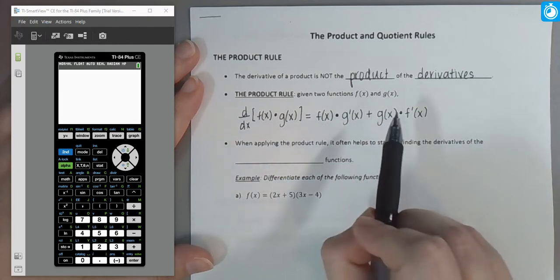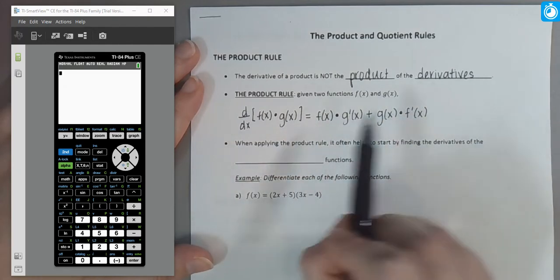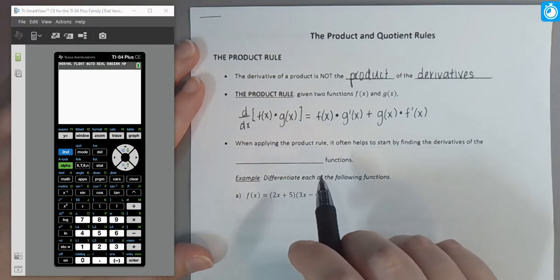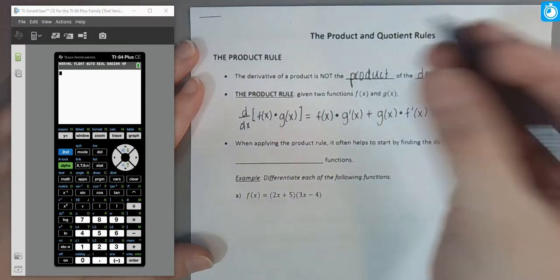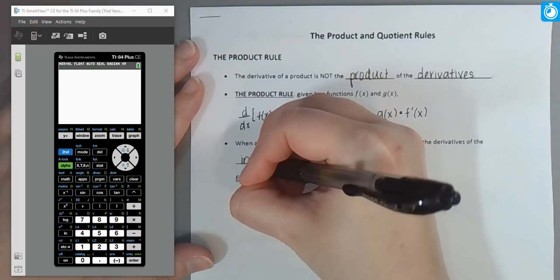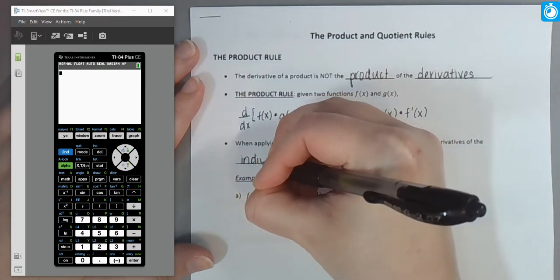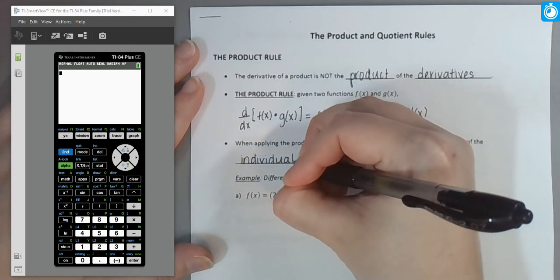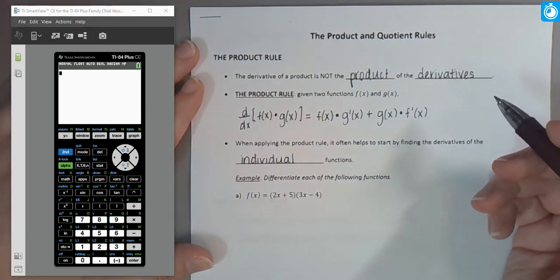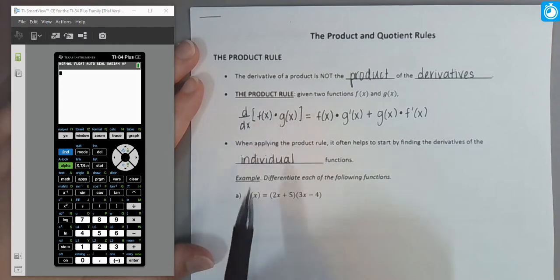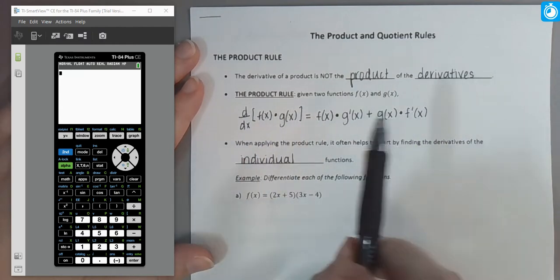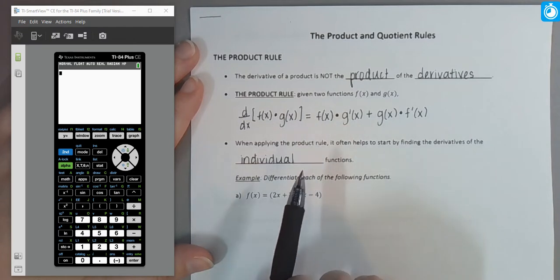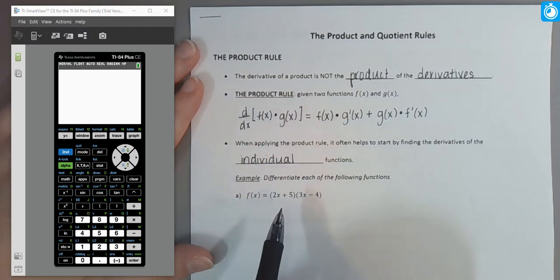Because we're applying multiple functions, including the derivatives of the individual functions, it'll often help to start by finding the derivatives of the individual functions before we attempt to apply the whole product rule. So when you look at your function, break it down into the two individual algebraic expressions, find their individual derivatives, and then you can plug everything into the derivative formula for this product rule.